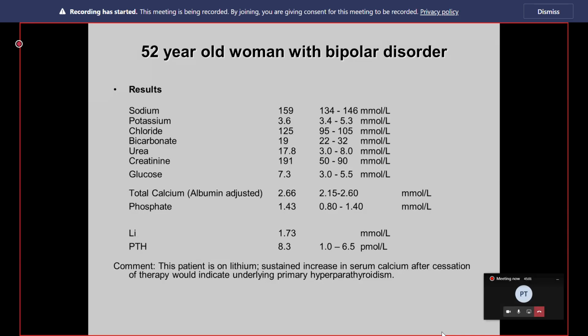So those are the two things to make clear to the clinician, that lithium can cause parathyroid-dependent hypercalcemia, and in some cases when lithium is ceased it can normalize, but often it doesn't, and so they have to be treated as primary hyperparathyroidism.